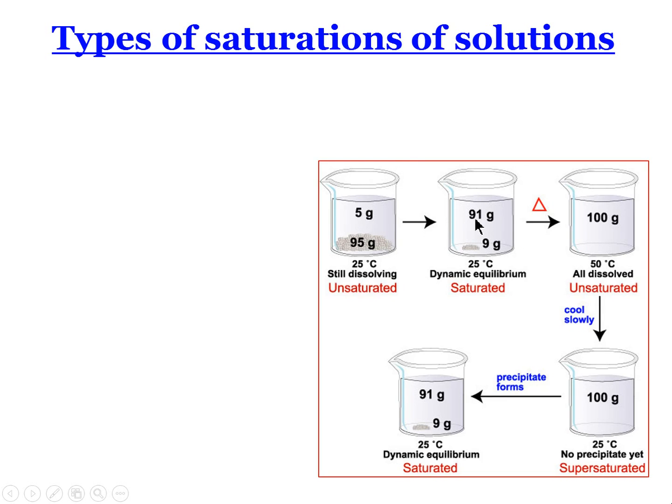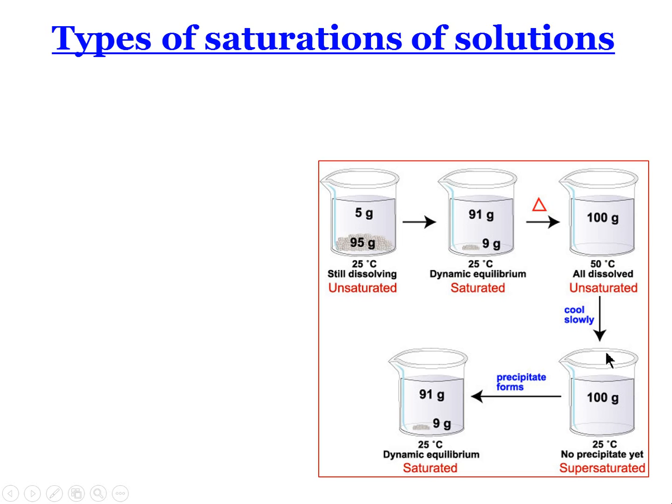In this figure, we can dissolve only 91 grams at 25. But here, at this temperature 25, we dissolved more than the maximum amount. We dissolve 100 grams due to the increase of the temperature. So this solution is supersaturated.